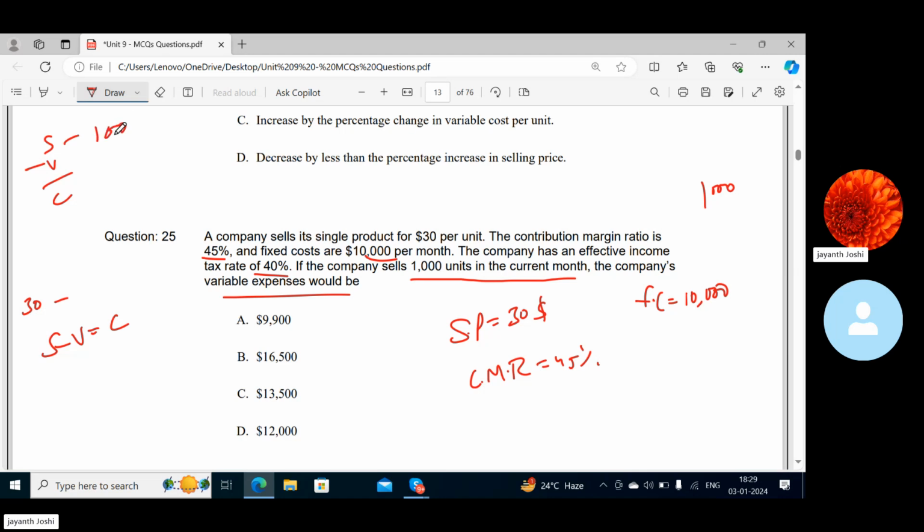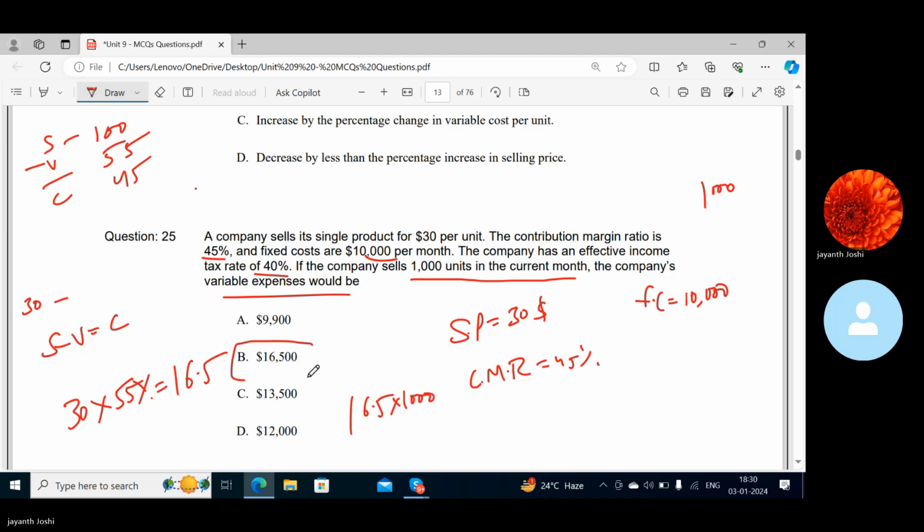If sales is 100, contribution is 45, variable cost should be 55. So we take $30 as the selling price. Of that your contribution is 45%, so we have to take 55%. 30 into 55% is 16.5, into number of units 1000. It is 16,500.